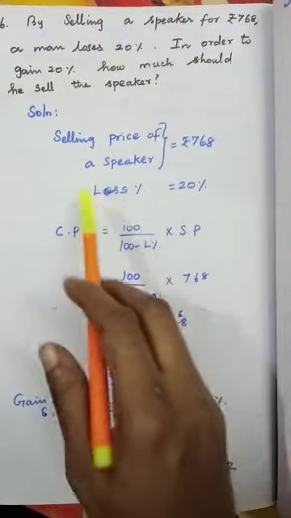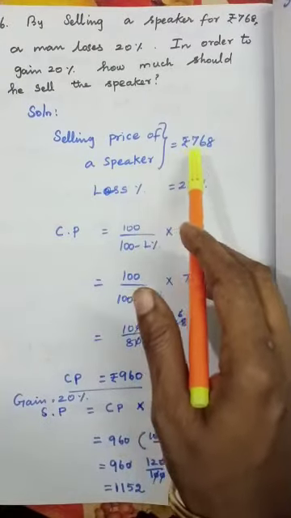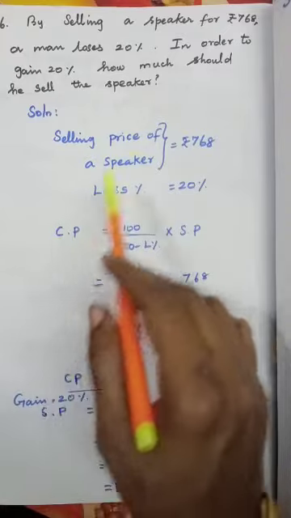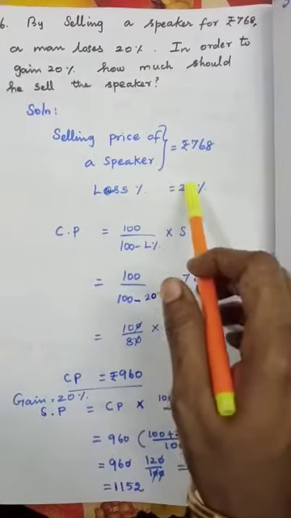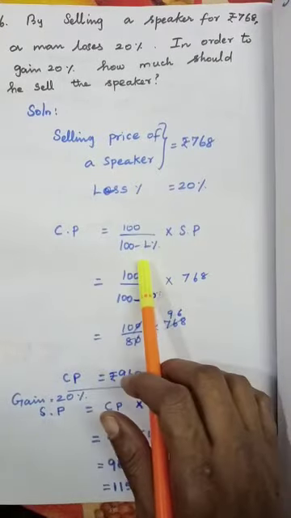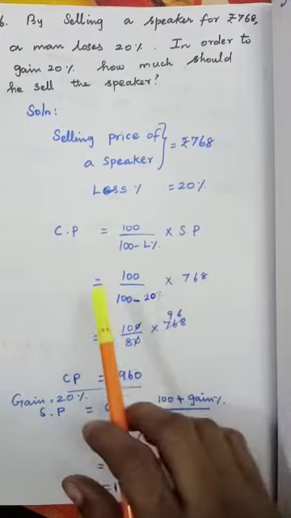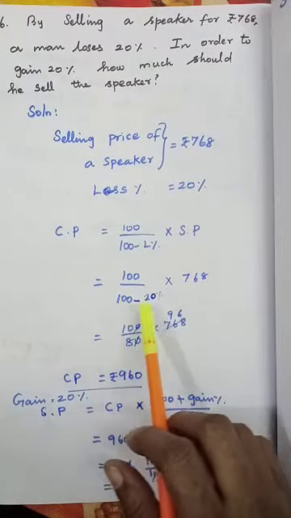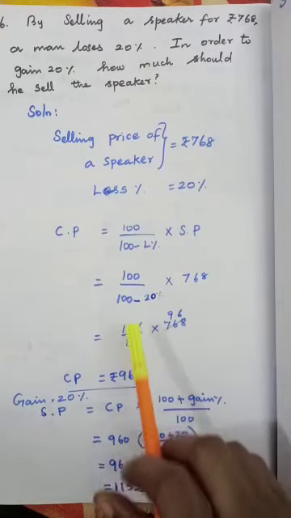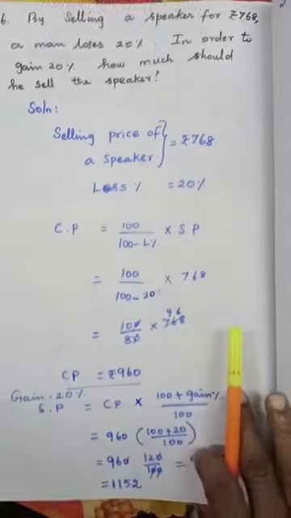Using this loss percent, you find the cost price. He is selling the speaker for 768 rupees, so you have to find the cost price. Then only you can say 20% loss. So cost price CP is equal to 100 by (100 minus loss percent) into SP. So 100 by (100 minus 20) into 768. Now 100 by 80 into 768.